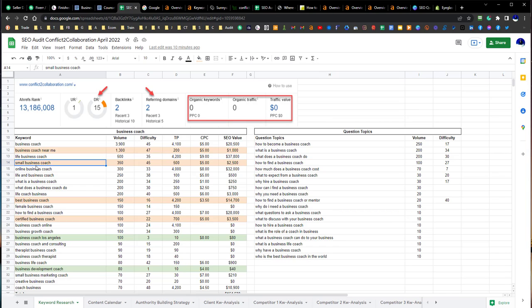It has the term or the query, then it has the volume, how many people actually search for it, put in that term. And this is an average of 12 months. Then you have difficulty. Difficulty is rated based on whoever is on the first page for that result today. So that gives you a competitive score.